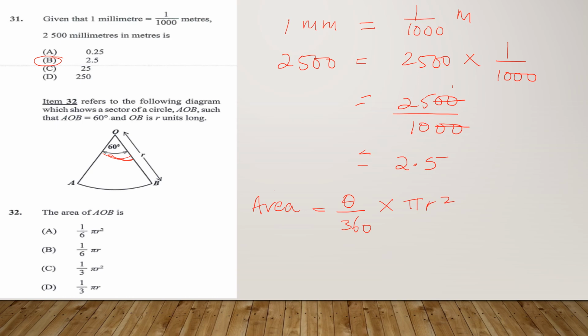So we know the entire area of a circle is pi r squared, but we're looking at a portion of the circle, theta, which is 60. So that'll be 60 degrees over the full circle, 360, times pi r squared. We're going to cancel here. 60 into 60 is 1, 60 into 360 is 6. So that would be A.